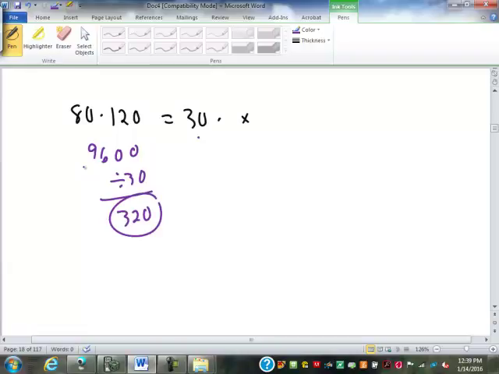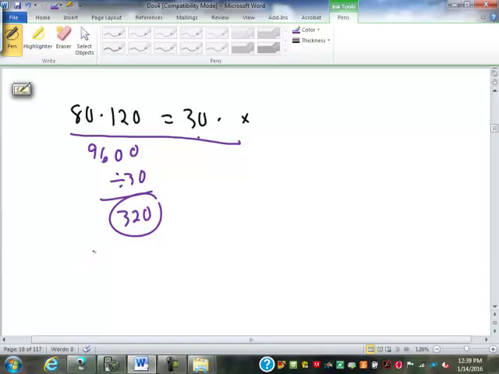Now here's where most people mess it up. If gear B is at 320, what's C? Same thing. It has to be also at 320 because they're attached to each other. They're not meshing. This rule here only applies if their teeth are meshing. Gear B and gear C are on the same shaft. They have to be turning the same RPM. So gear C is turning 320 RPM as well.